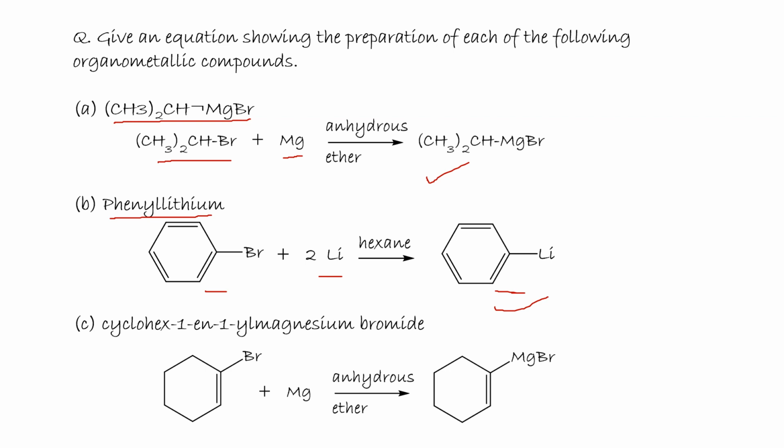How can we prepare cyclohex-1-en-1-yl magnesium bromide? Start with bromocyclohexene, magnesium in anhydrous ether, we get the magnesium between the carbon and bromine, cyclohex-1-en-1-yl magnesium bromide.